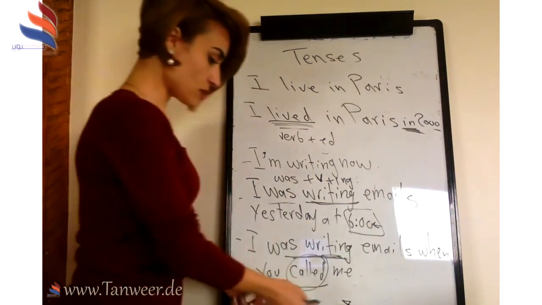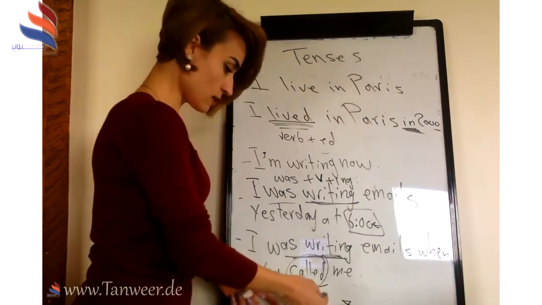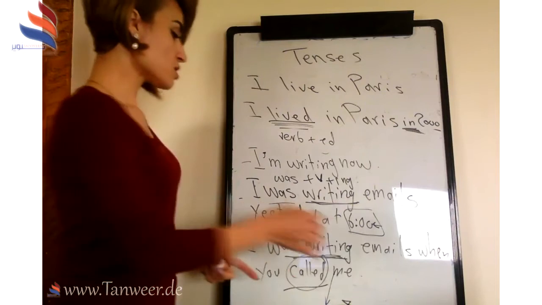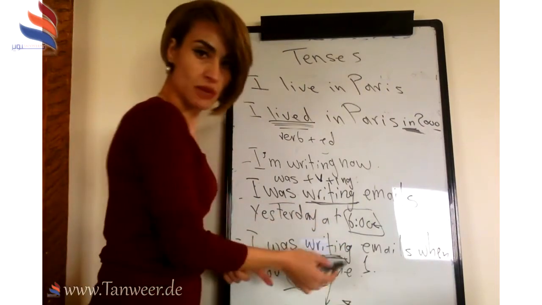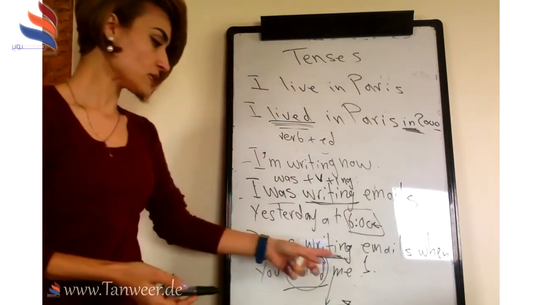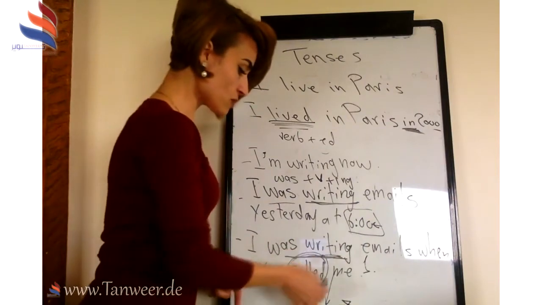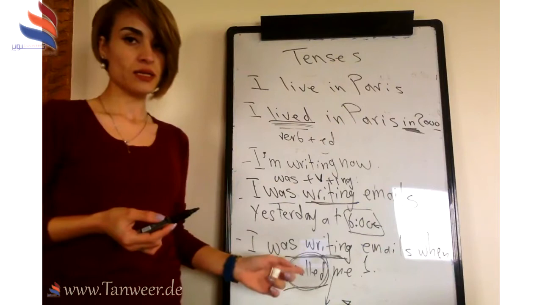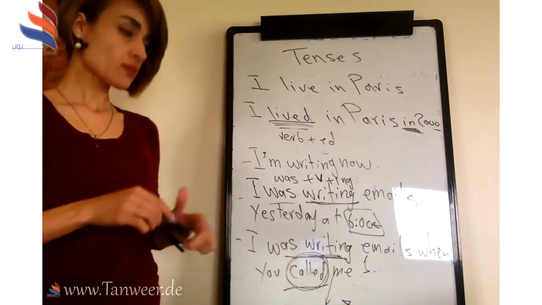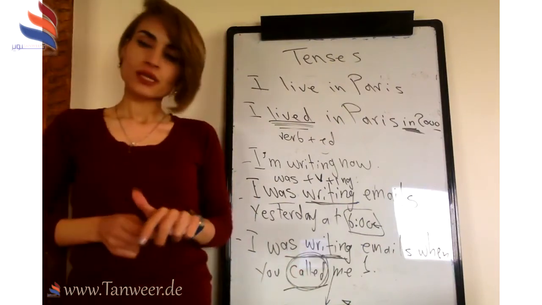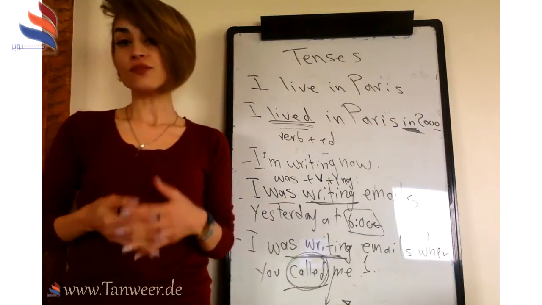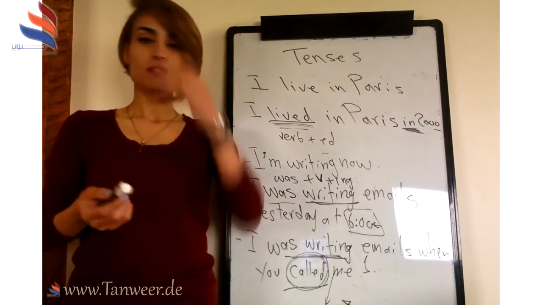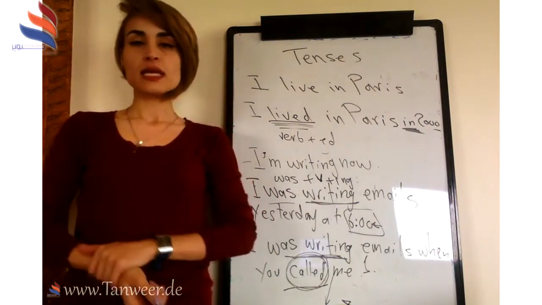The action was in progress. Okay? Calling interrupted the action. So the first one is past continuous, which is was writing. The second one must be simple past, which is called. Okay? Like my mom was cooking when my dad arrived. Okay? Let me say, I can use different questions, okay?